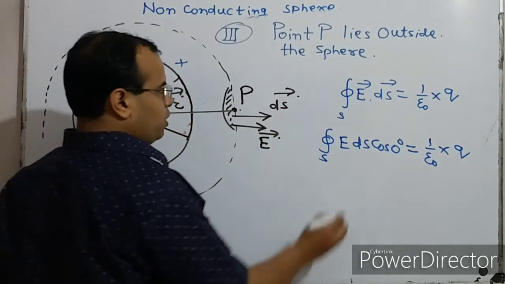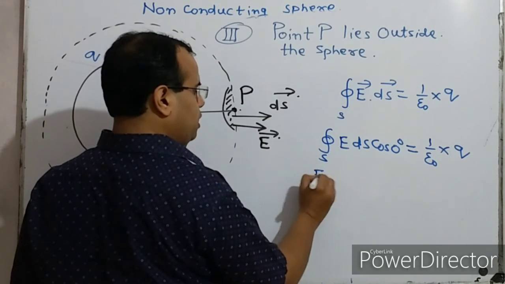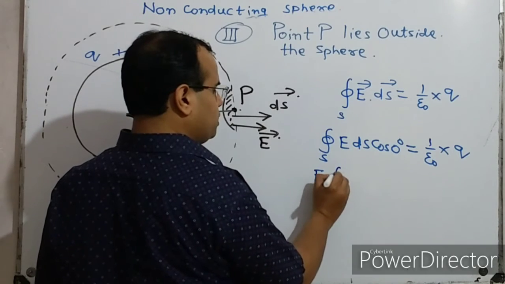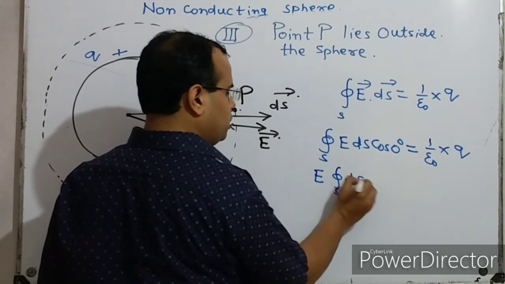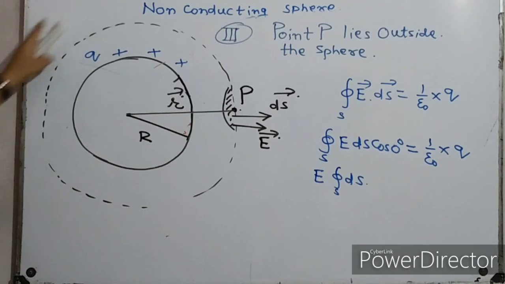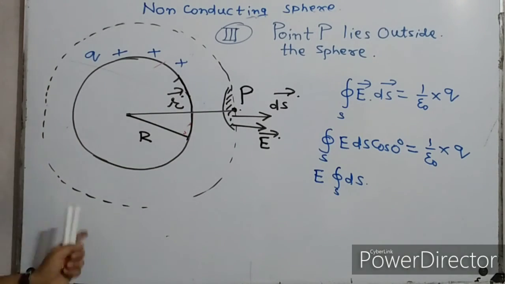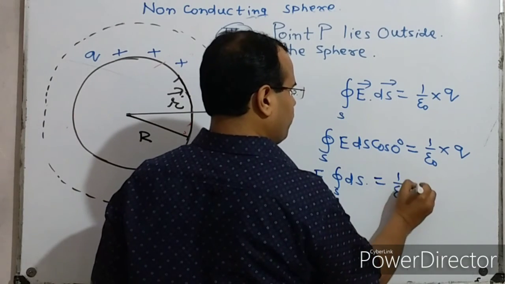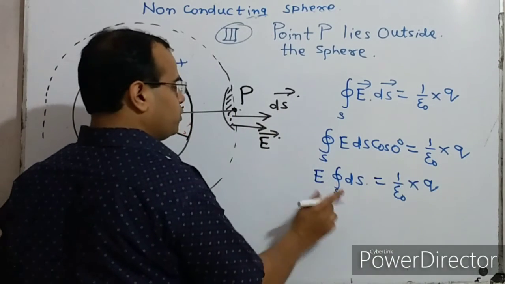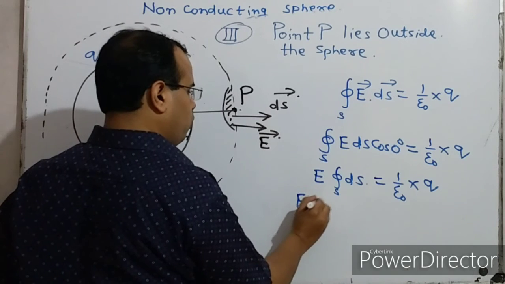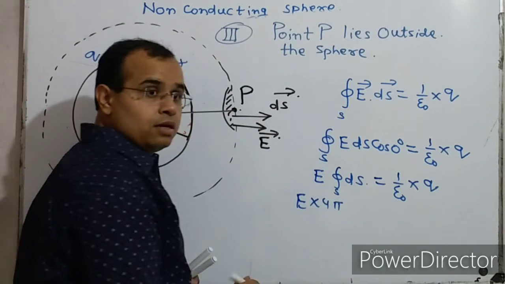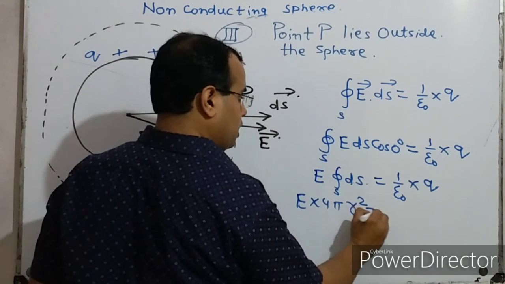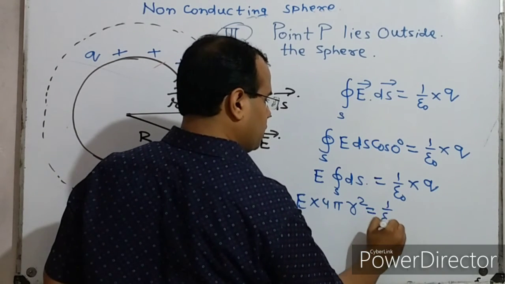Now cos 0 is 1, you can take E outside because E is constant. Closed surface integral ds is actually the area of this Gaussian surface, and it is equal to 1 upon epsilon naught times q. Now the area of this Gaussian surface is given by 4 pi small r square, and it is equal to 1 upon epsilon naught times q.